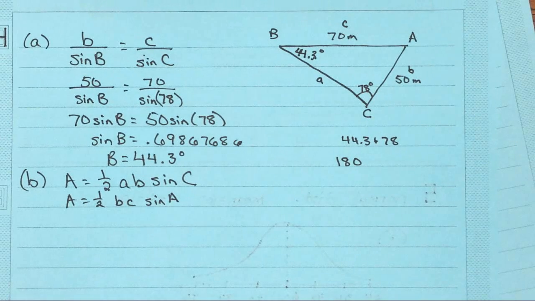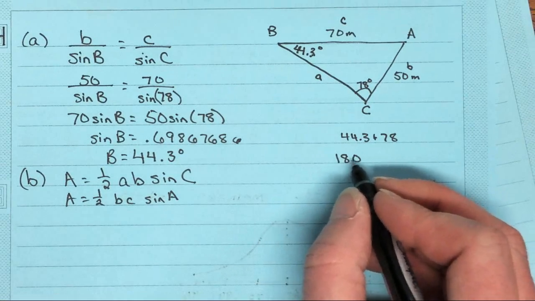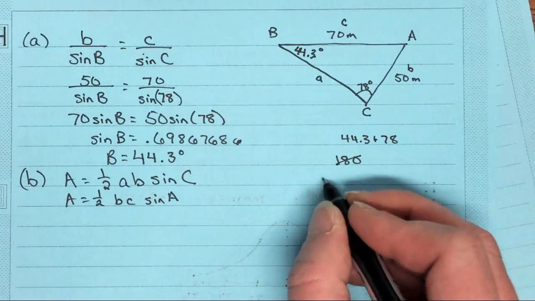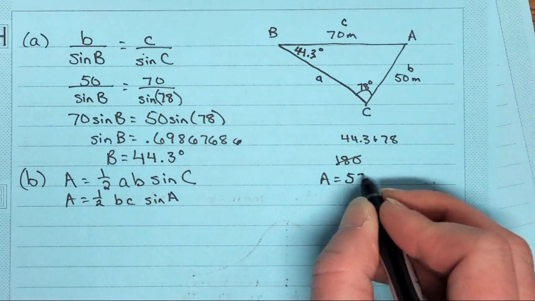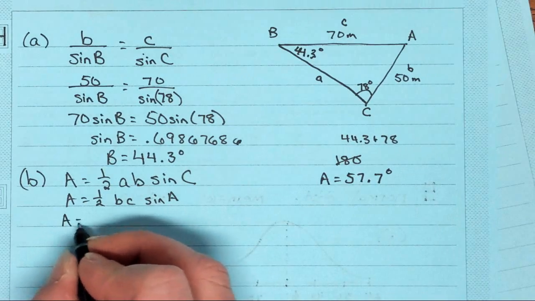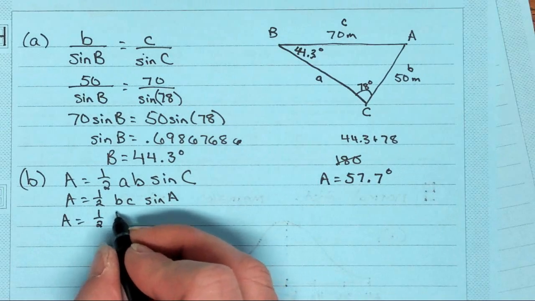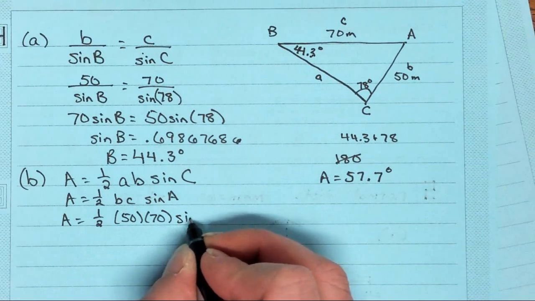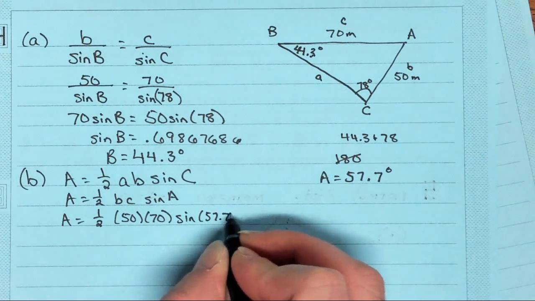180 gives me, I got 57. Go for it. 57.7? I'm trying to hurry so we can get through the problem. Sine of 57.7 degrees.